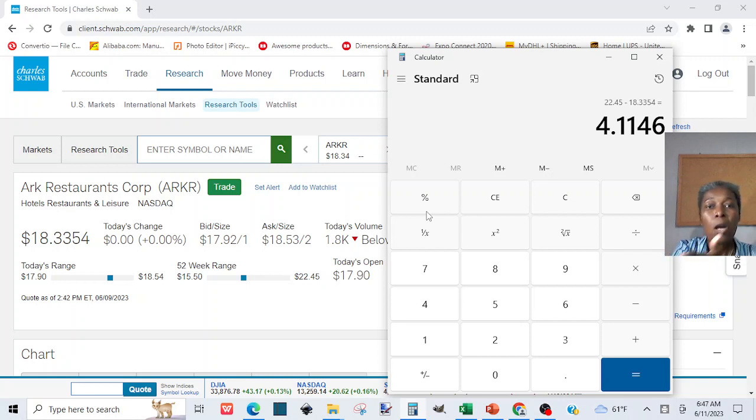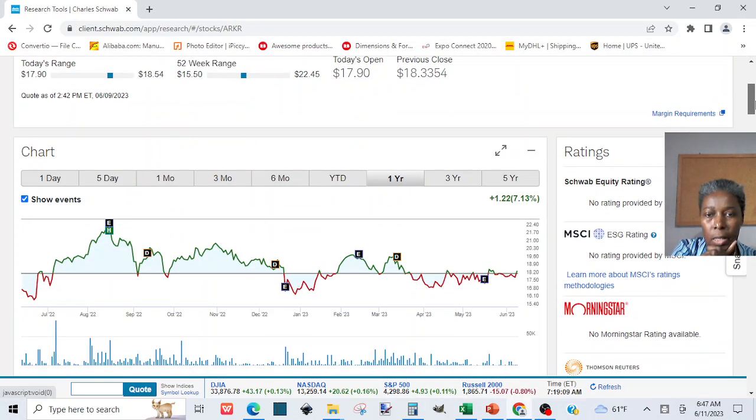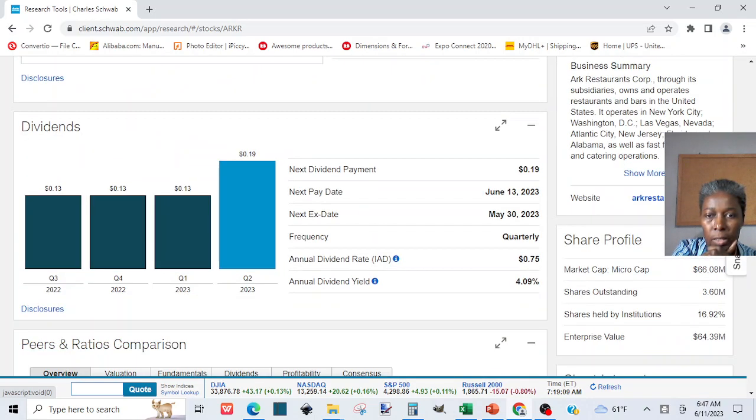So the current price is closer to the 52 weeks low than it is to the 52 weeks high. Does that make sense? You are comparing this $4.11 to that $2.84 that we found before, when we did 18.34 minus 15.50.